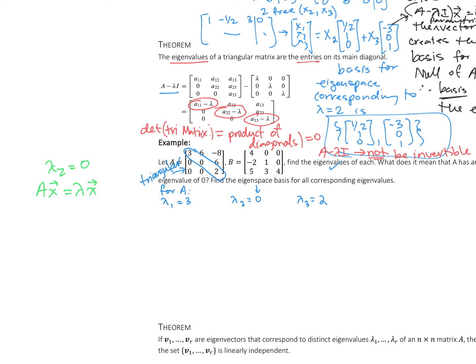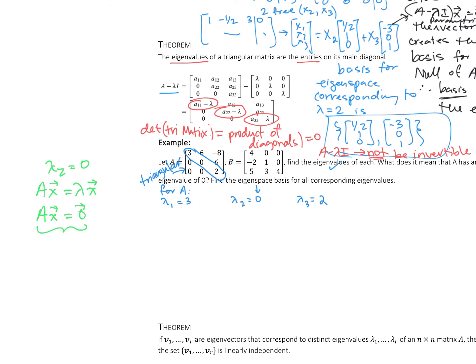So if I think about lambda 2 equaling 0, what we're saying is that A times X is going to equal the 0 vector, because 0 times any vector is the 0 vector, which is just our homogeneous equation.